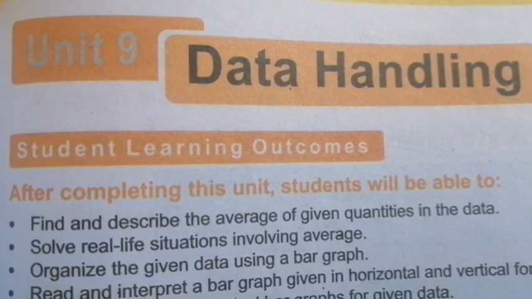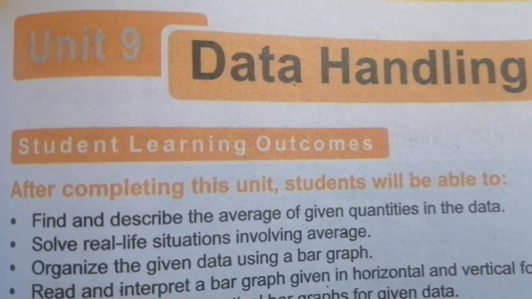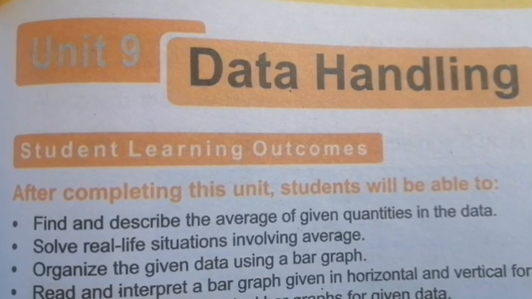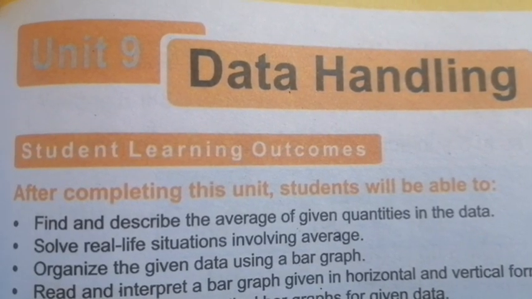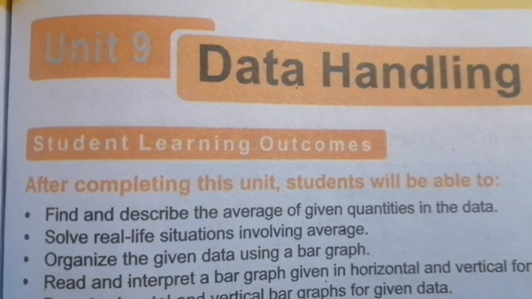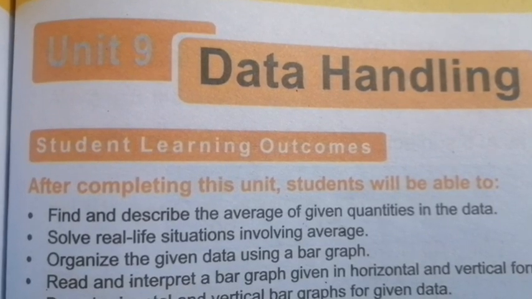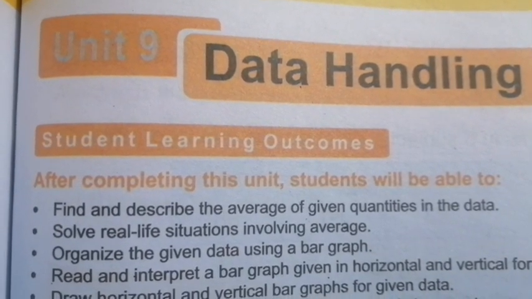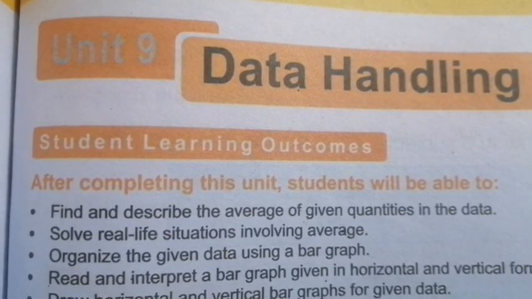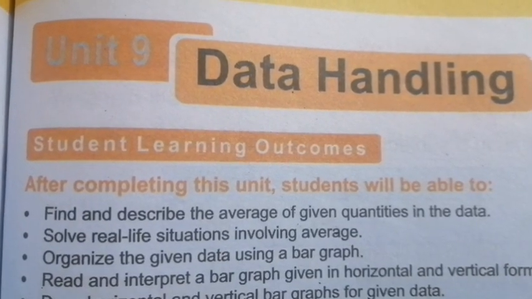Grade 5 Math, Aafaq Son series, Chapter number 9, which is related to data handling. We will study how the data is handled, how we can find the different values and the quantity of the different values, and the average of the values.